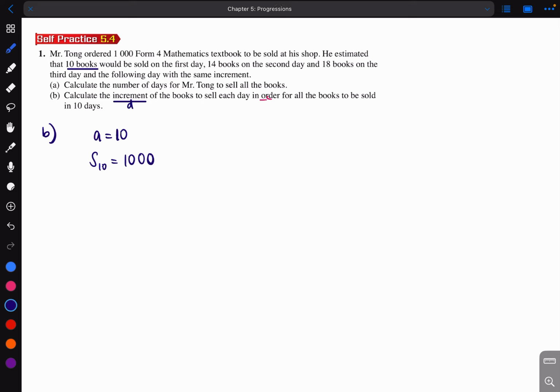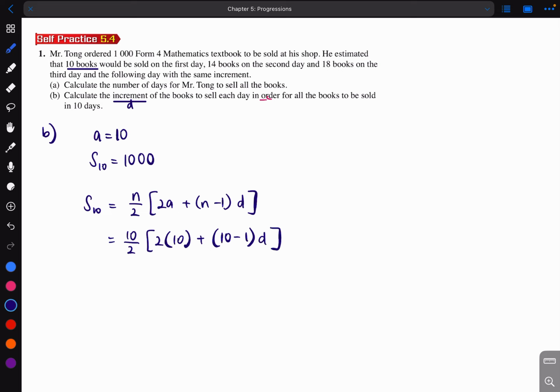So we sub into the formula. S10 is 10 over 2, 2a plus 10 minus 1 d, must equal to 1000. So here we can find the d. Just have to expand. 1000, 10 over 2 is 5, 2 times 10 is 20, 10 minus 1 is 9, so 9d.